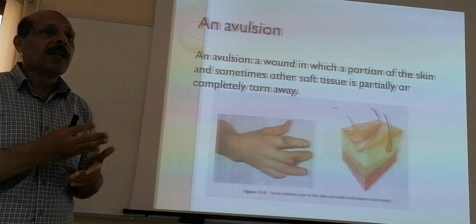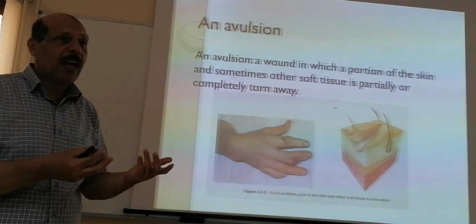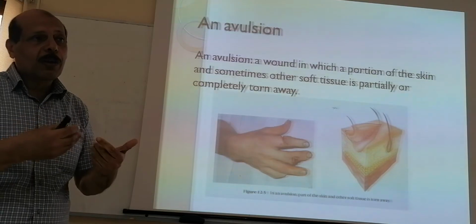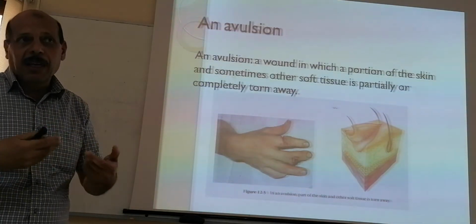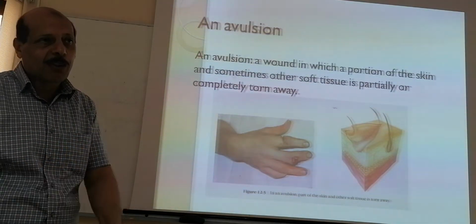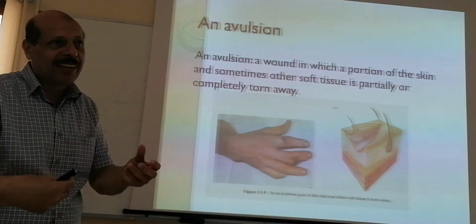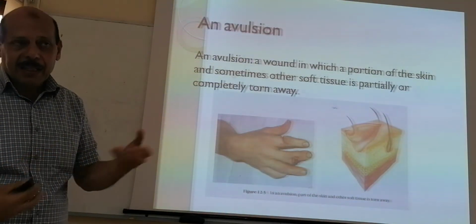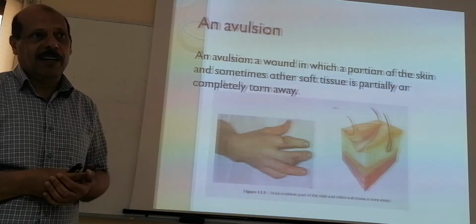Sometimes it leads to avulsion. Either a finger or even a limb like the hand or the leg might be hanging. So it is not completely cut off, but it might be hanging.